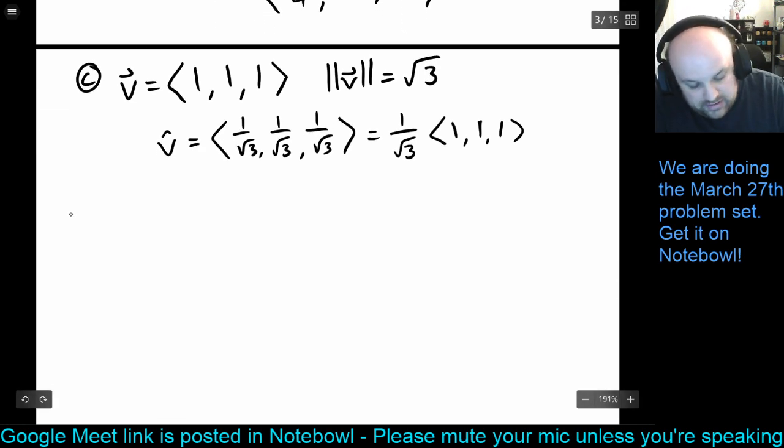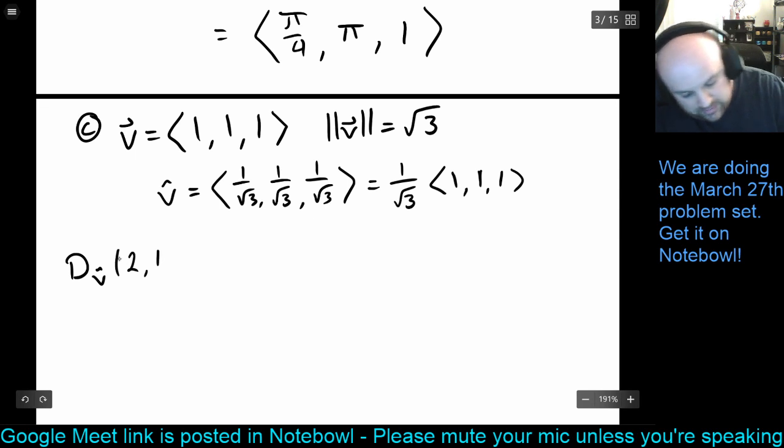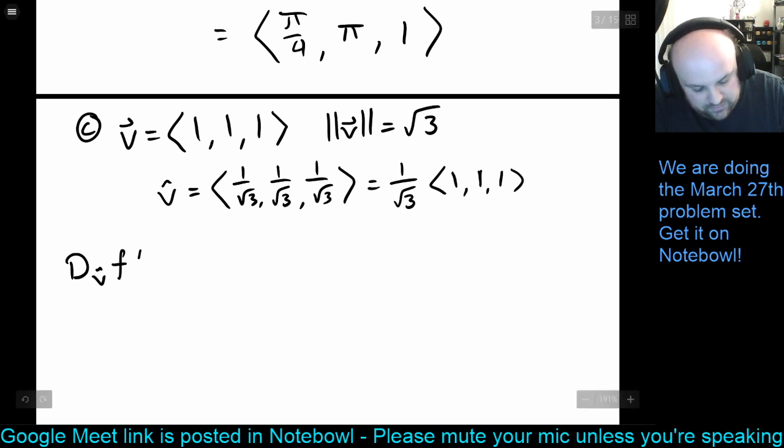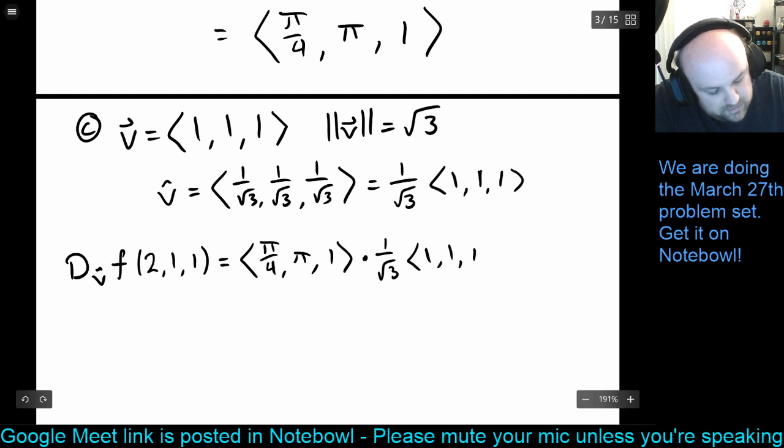Okay. And so directional derivative in the direction of v at, is it 2, 1, 1? Yeah, 2, 1, 1. Oh, I totally forgot the f, didn't I? Directional derivative in the direction of v hat of f at 2, 1, 1. This is pi over 4, pi, 1, dot product with 1 over square root 3, 1, 1, 1.